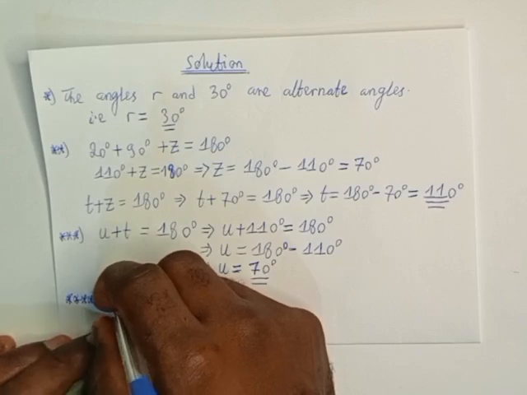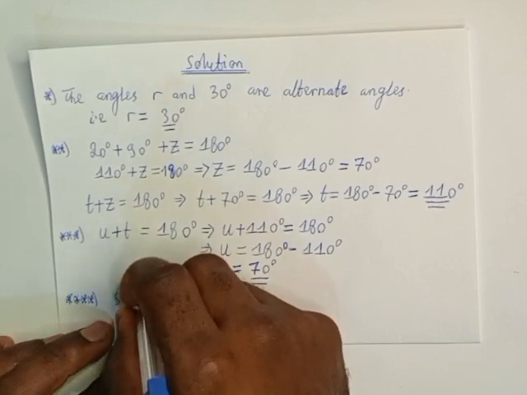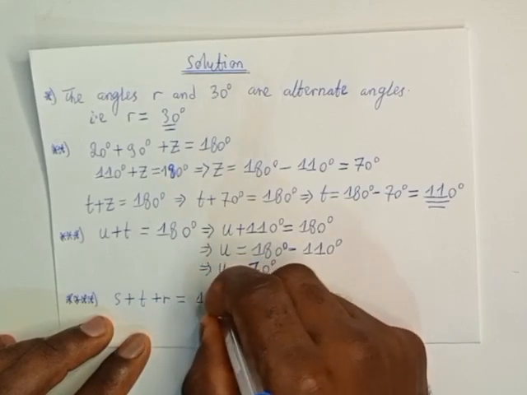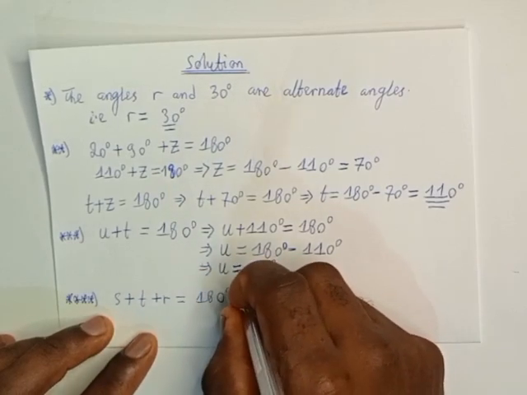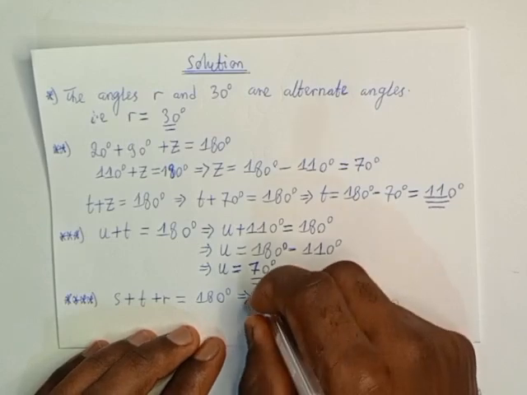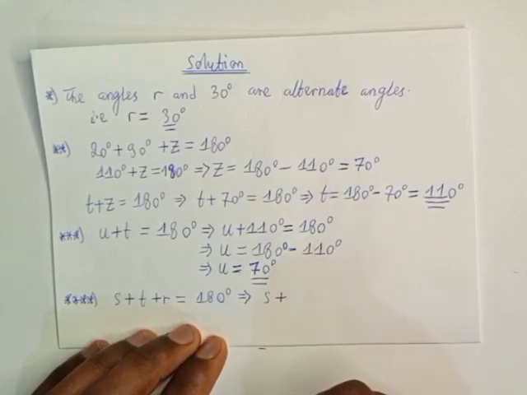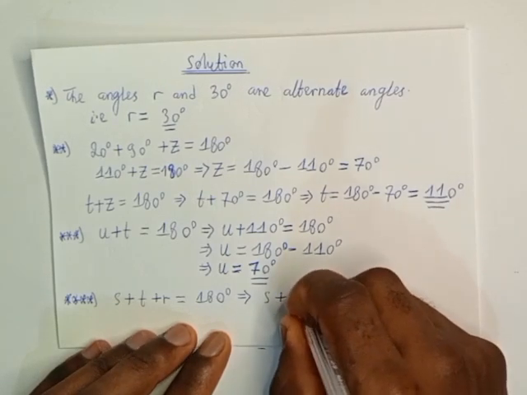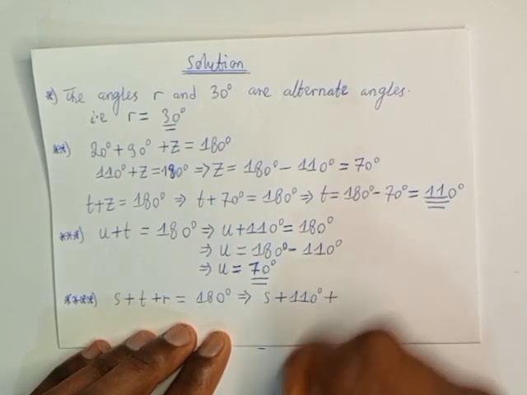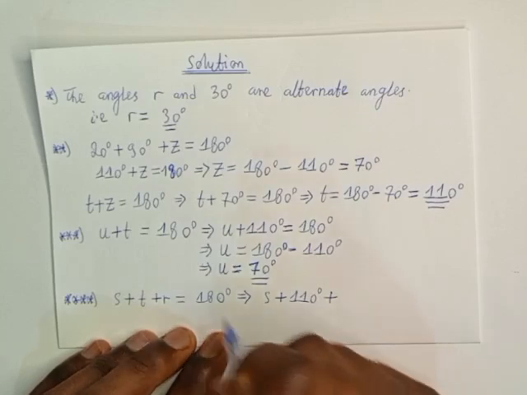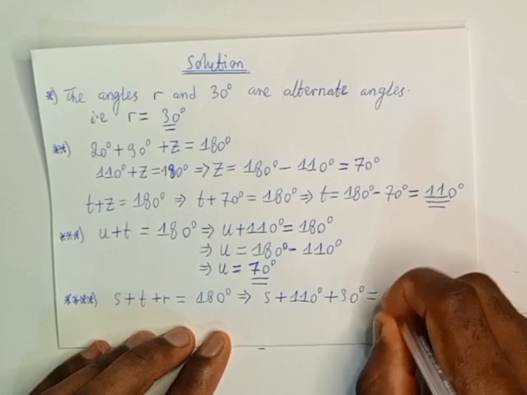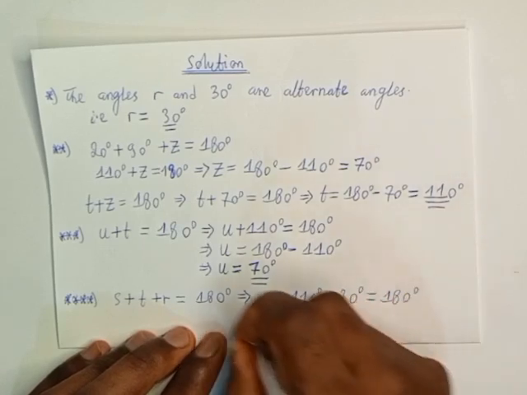It simply means if we take S plus T plus R, it should be equal to 180 degrees. That is S plus the angle T, which is 110 degrees, plus the angle R, which is 30 degrees, should be equal to 180 degrees.